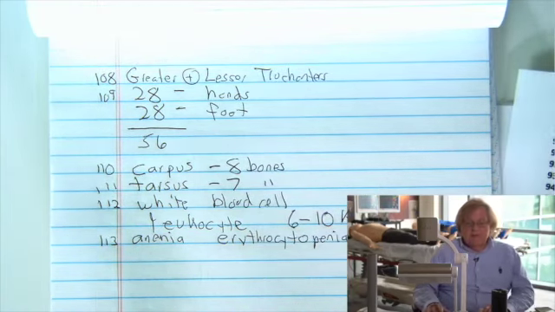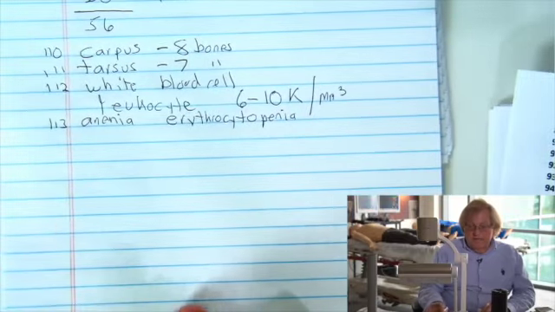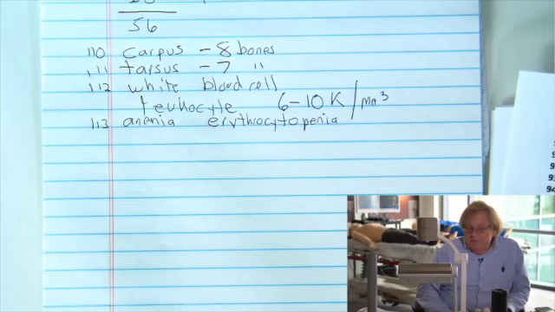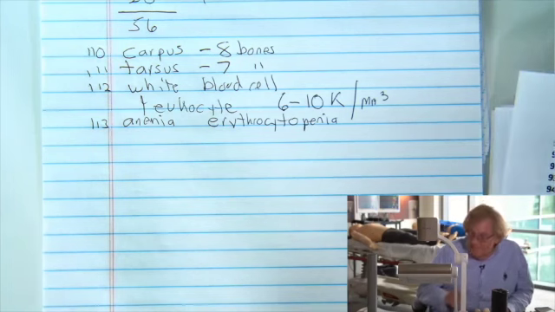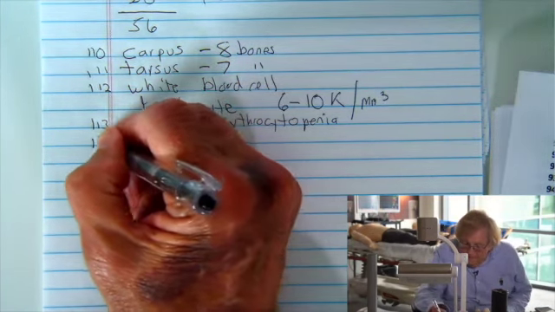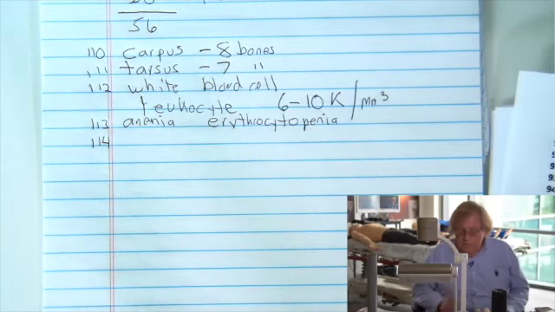So depending on what course you're taking or what specialty you're going to, people may say someone is anemic. But if you were talking to someone as a hematologist, he may say, well, the person is erythrocytopenic. So it's just two different ways of saying the same thing. So that's 113. 114 says most numerous formed element.